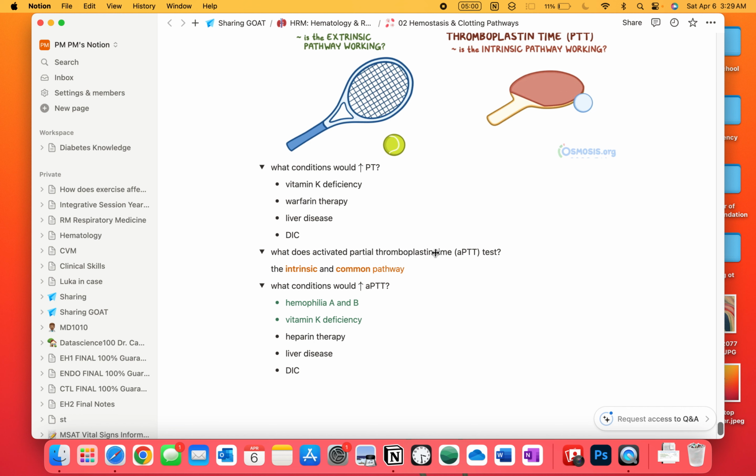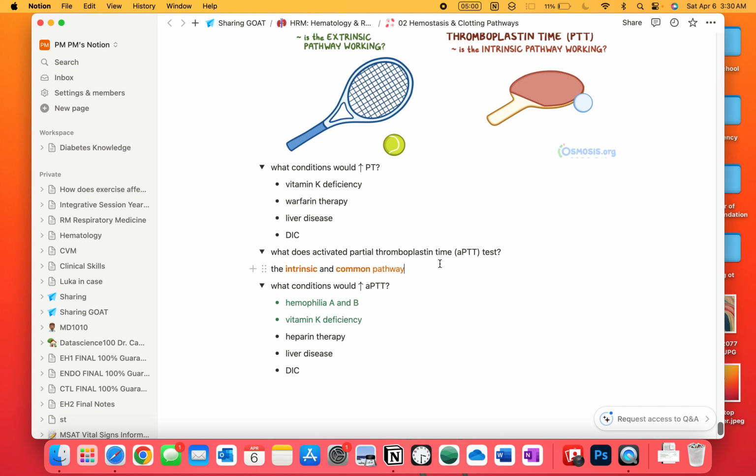Now, what does the activated partial thromboplastin time, APTT, test? PTT, playing table tennis, we play that indoors. Therefore, it is the intrinsic and common pathway. And what conditions would increase APTT? Hemophilia A and B. Why? Because you have a deficiency in factor 8 and factor 9. Factor 9 and factor 8 are part of the intrinsic pathway. Factor 12, 11, and 9.